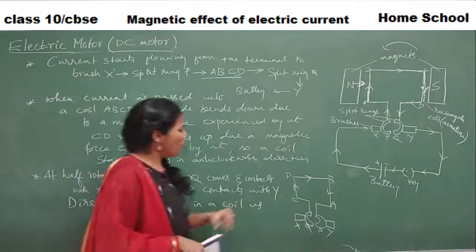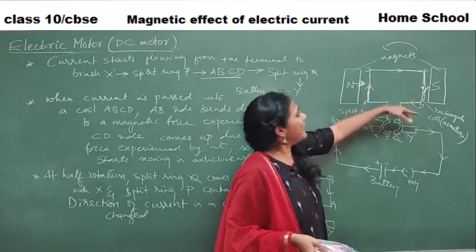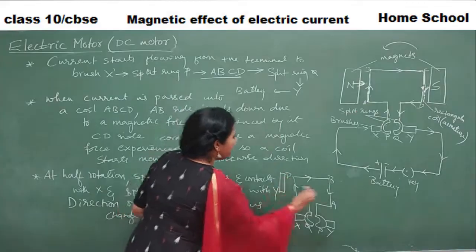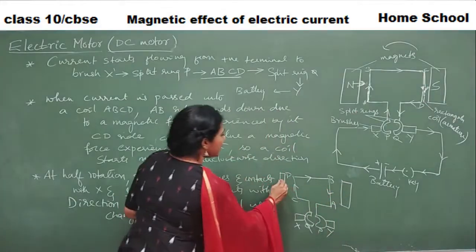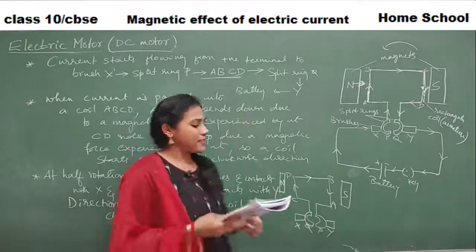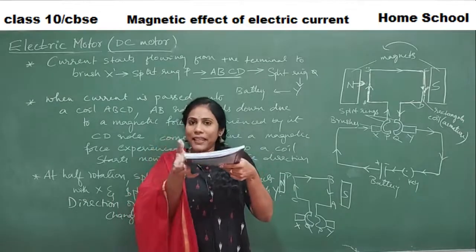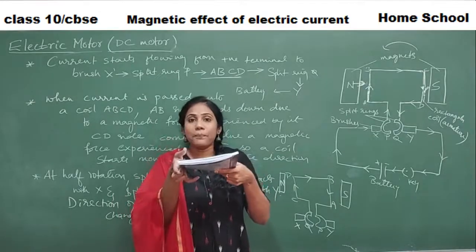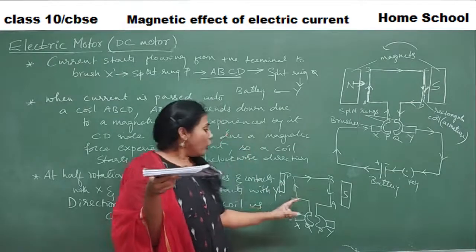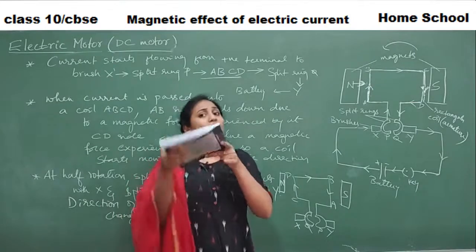Okay, fine. So direction has changed, but both AB and CD are there in between. There is a magnet. I have not changed. Yes or no? This is north pole, this is south pole. Now what happens? Now this is your CD side. Previously this was AB, but now it has become CD. Okay, and this will become AB, right? So CD will move at the bottom or to the top?